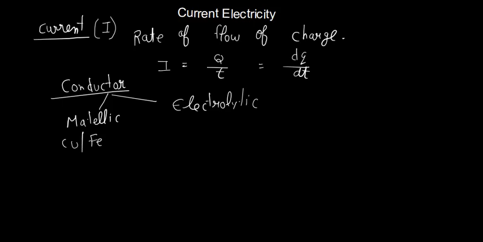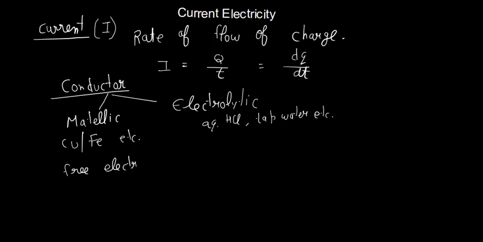Metallic conductors are generally in solid form, for example copper, iron, aluminium, etc. Electrolytic conductors are in liquid or aqueous form, like aqueous HCl, tap water, aqueous NaOH, etc.